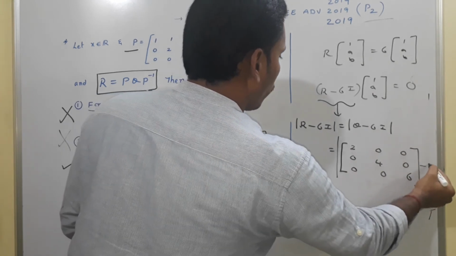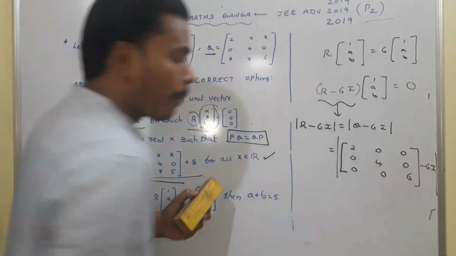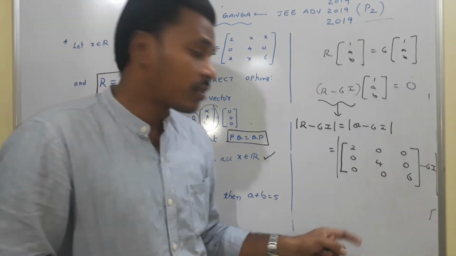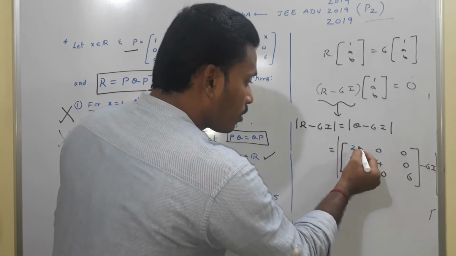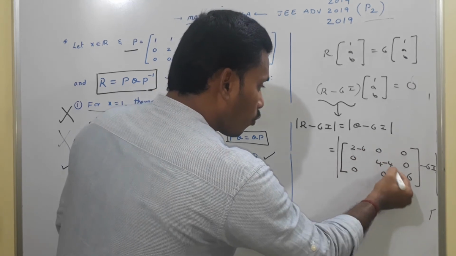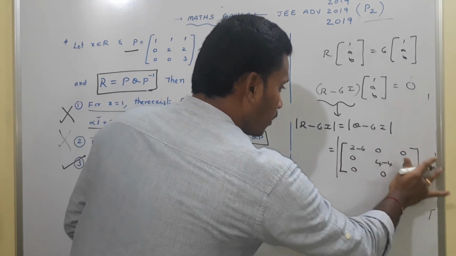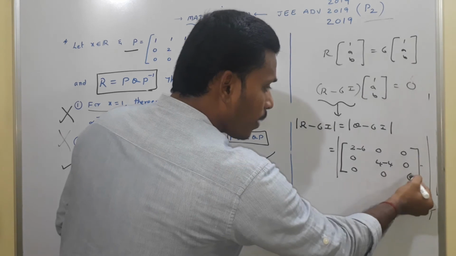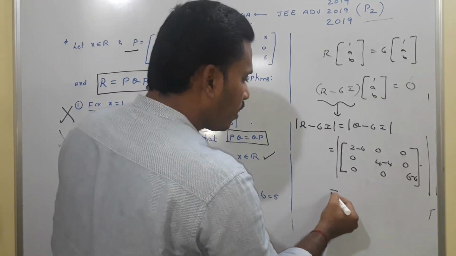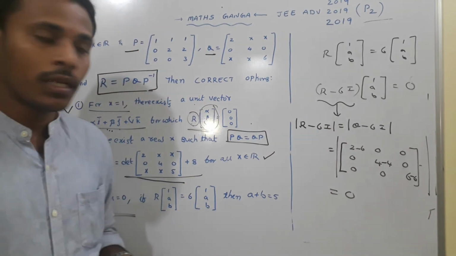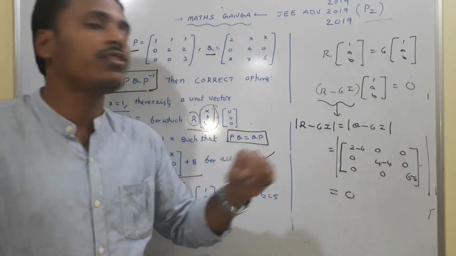This is actually Q and minus 6I. Minus 6I means we need to subtract 6 from the diagonal elements. If you subtract 6 from the diagonal elements, this is 2 minus 6, this is 4 minus 6, this is 6 minus 6. 6 minus 6 is again 0. That means this row becomes 0. So directly the determinant is 0. So the determinant of R minus 6I is 0.